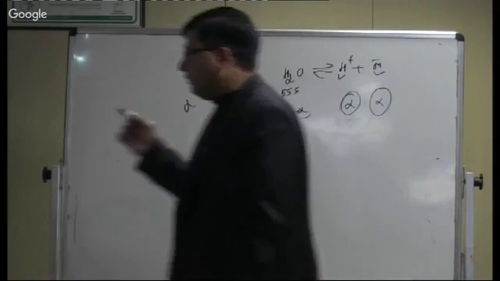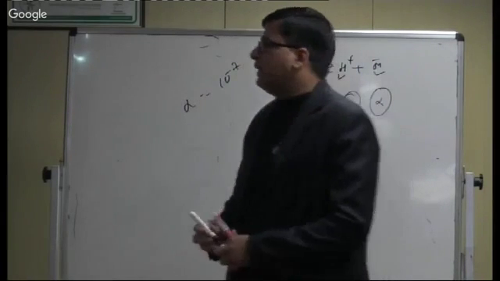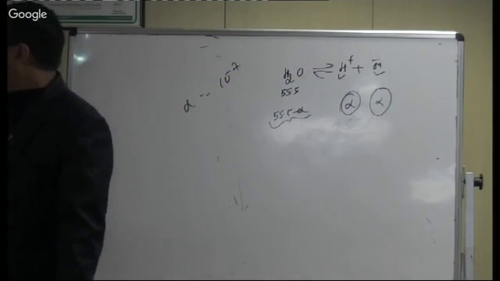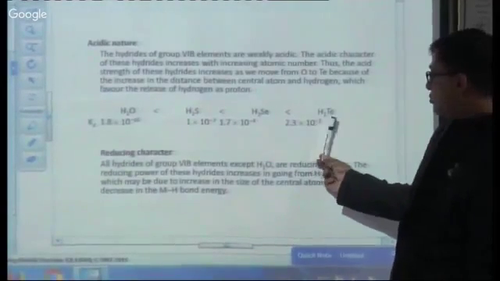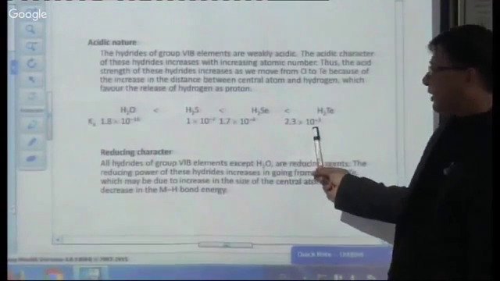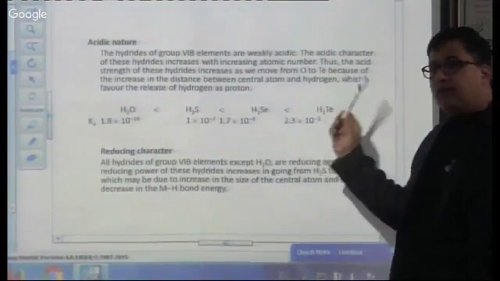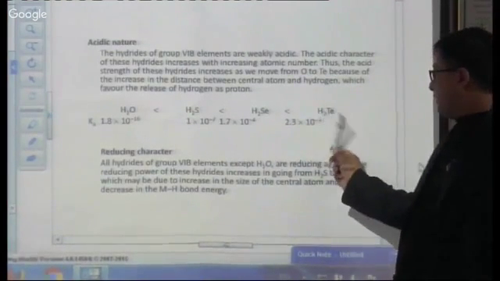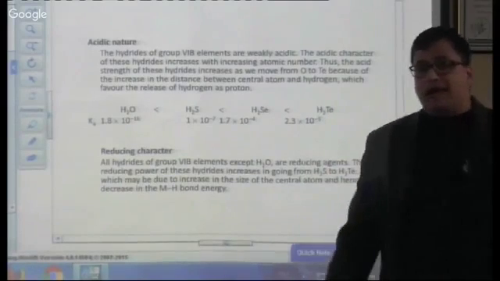In the Ka form, you divide by 55.5. So the value is 1.8 into 10 to the minus 16. See, the next value is 10 to the minus 7, then 10 to the minus 4, then 10 to the minus 3. For H2Te, the value is 2.3 into 10 to the minus 3. You know the value of Ka for HF. It is approximately 10 to the minus 2. So it is similarly acidic as compared to HF. Clear?